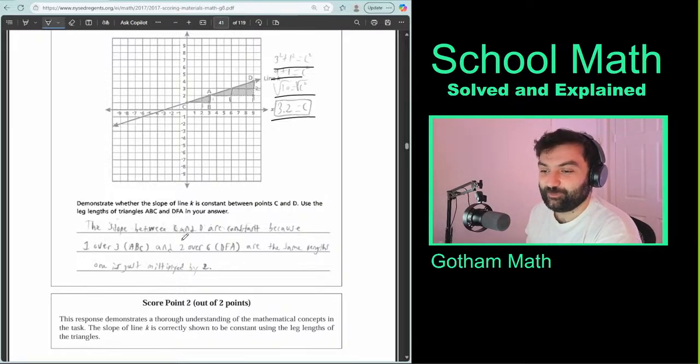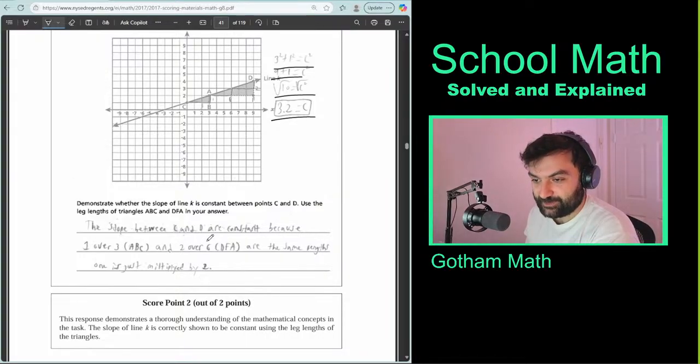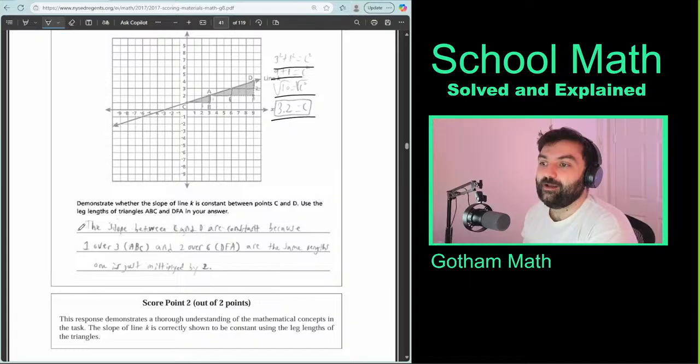The slope between C and D is constant because ABC and D are the same lengths. This one is so annoying to read, like unreadable handwriting. Please, please.